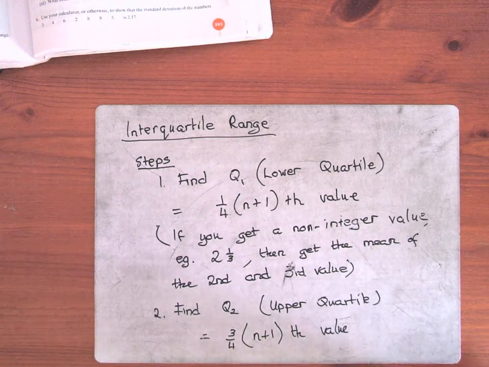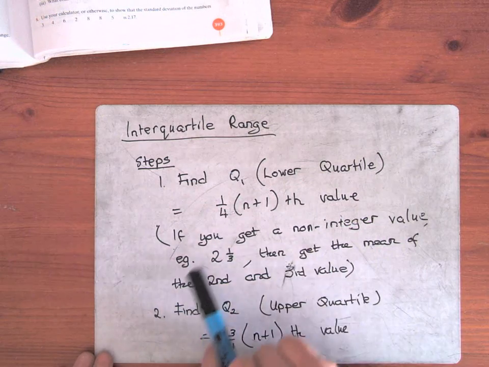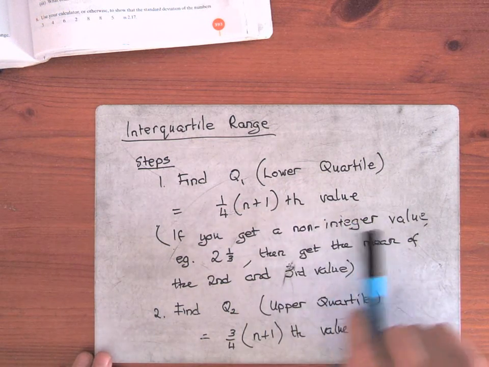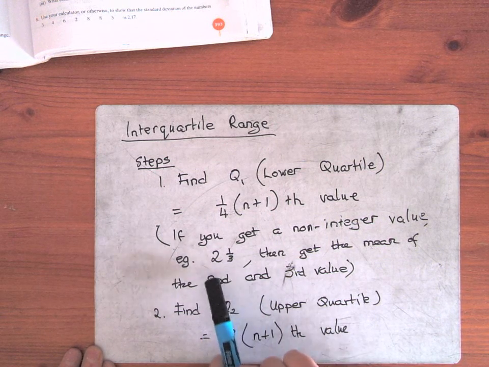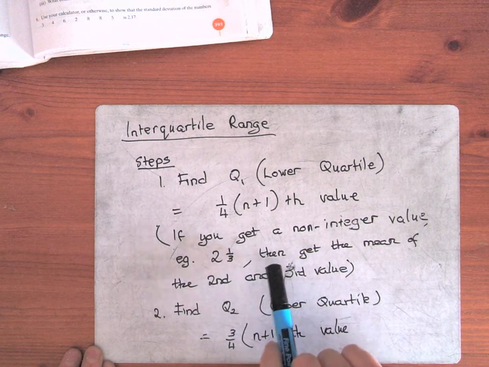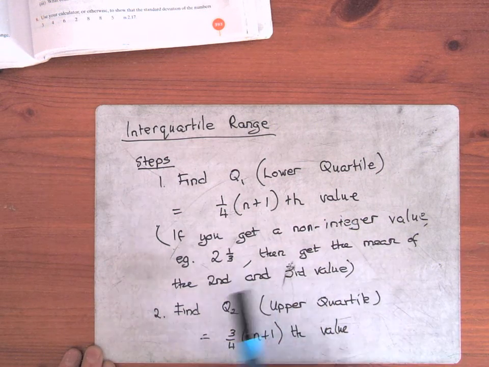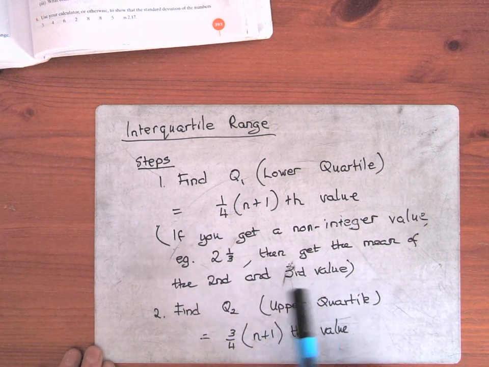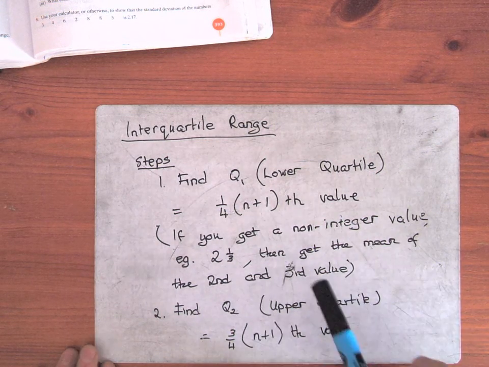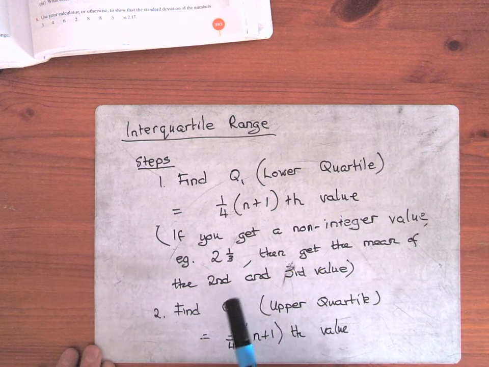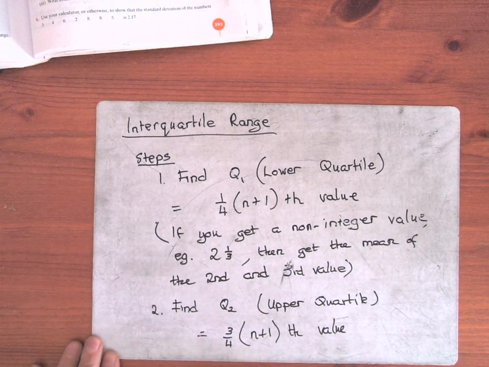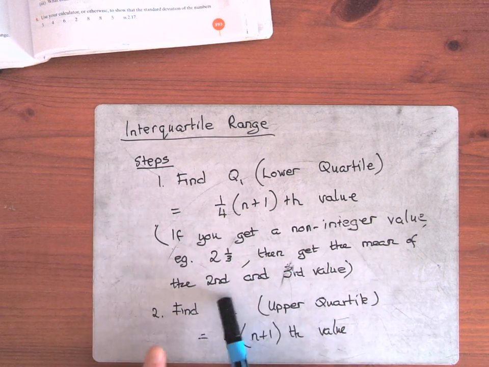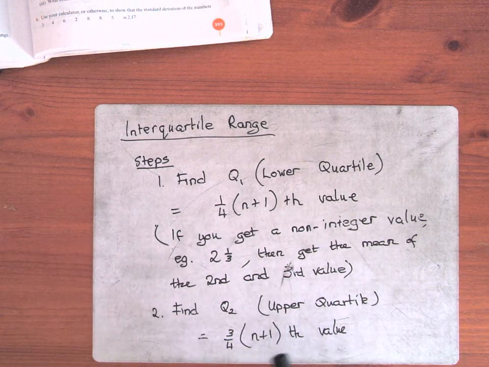If it turns out to be 5, it's the 5th number in the list. If it turns out to be a non-integer value, as in a non-whole number, for example if you did your division and ended up with 2 1/3, then you get the mean of the second and the third value. So if it's a whole number, it's that number in the list, and if it's a fraction, you just get the average of the 2 whole numbers either side of it.